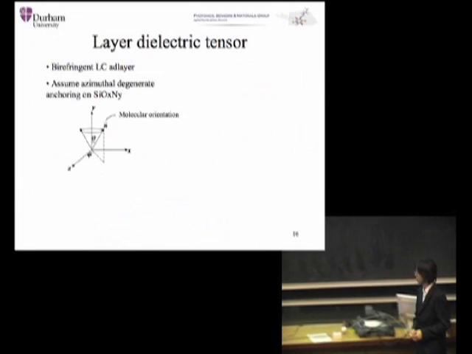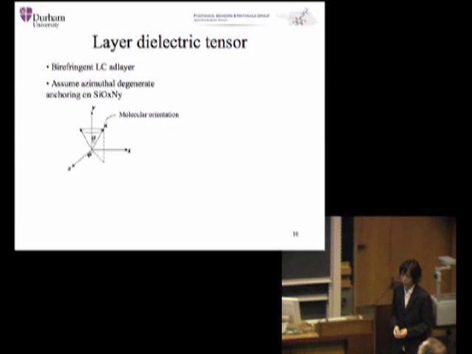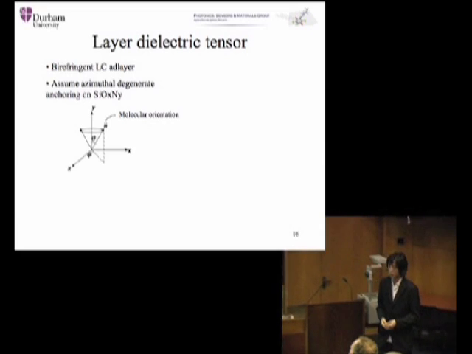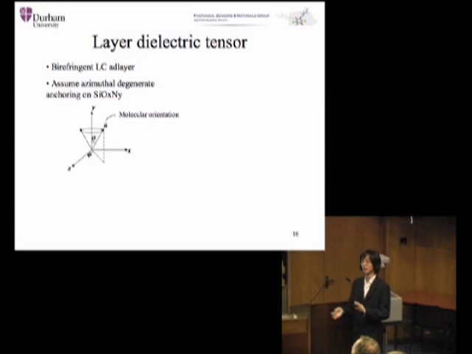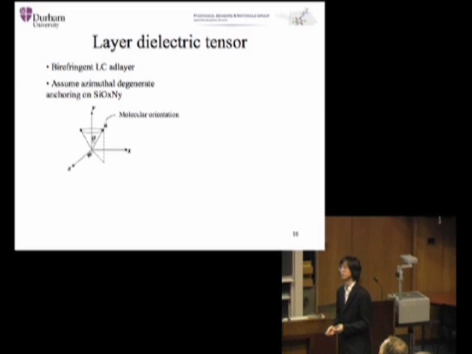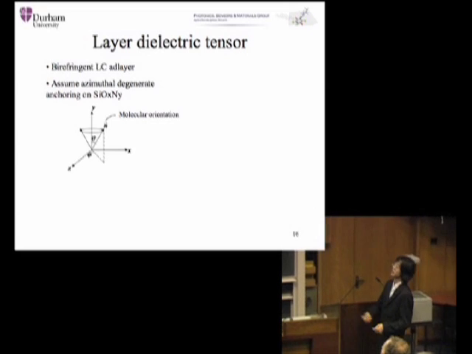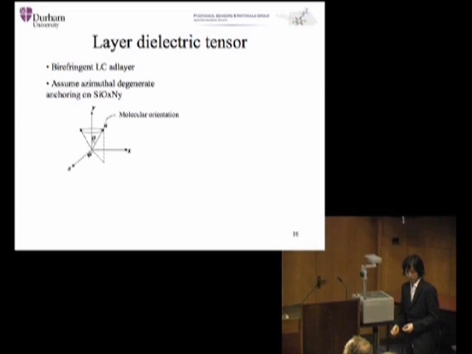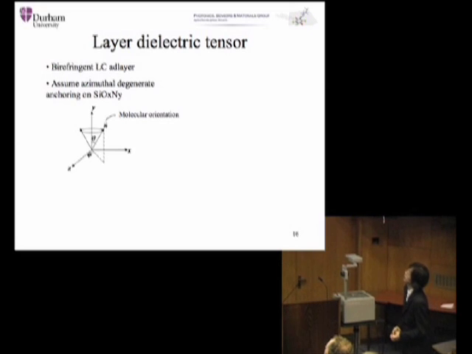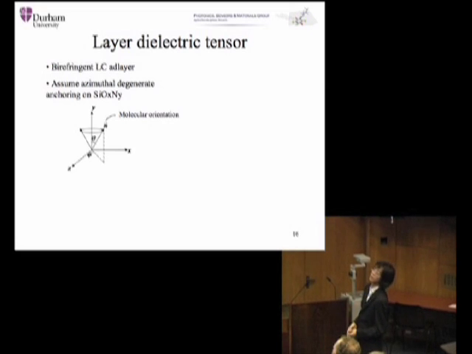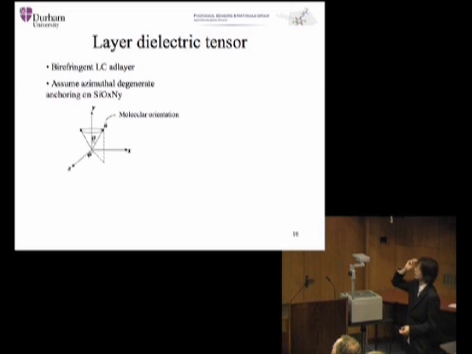Because we're talking about the liquid crystal system, which is essentially anisotropic, we can't just follow the calculation method which is described above for the isotropic system. So what we do here is we have a birefringent LC layer on the surface, and we assume there is degenerate planar anchoring of the molecules on the silicon oxynitride surface.